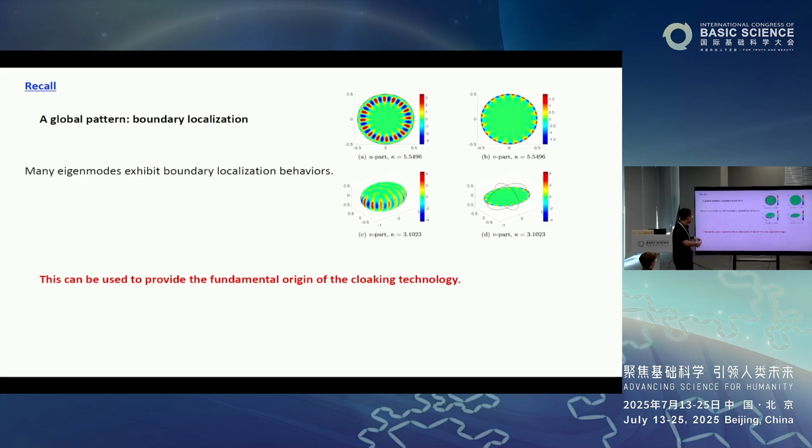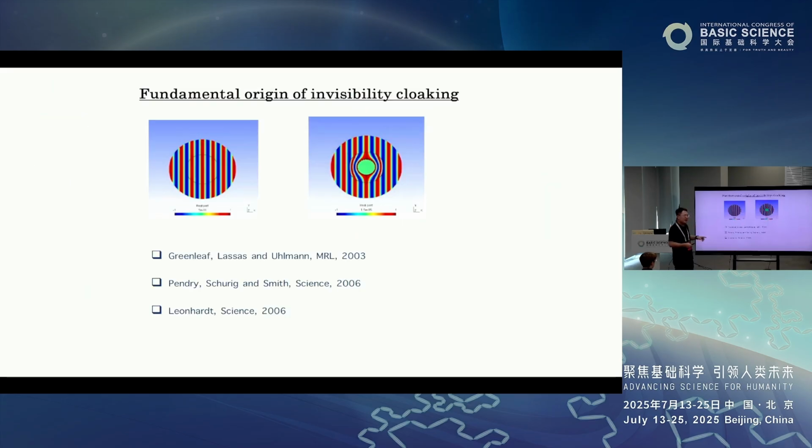Based on this, I want to give the fundamental origin of invisibility cloaking. This invisibility cloaking technology was a sensational breakthrough in 2006. The cloaking technology functions as follows. This is the target object, like this aircraft. You apply a thin layer of coating, called the cloaking material. It is an artificially engineered metamaterial such that it can control the wave propagation.